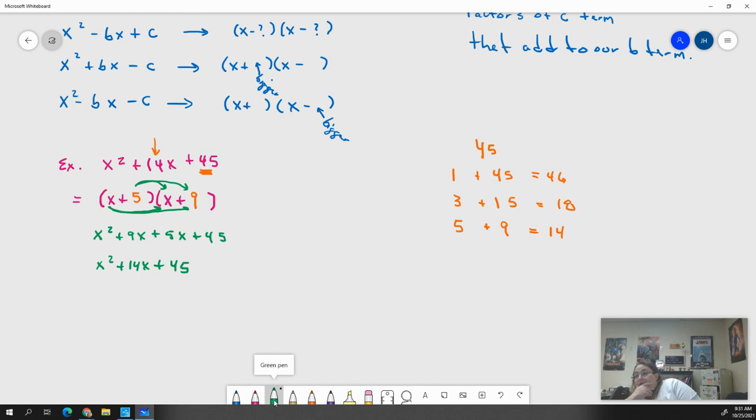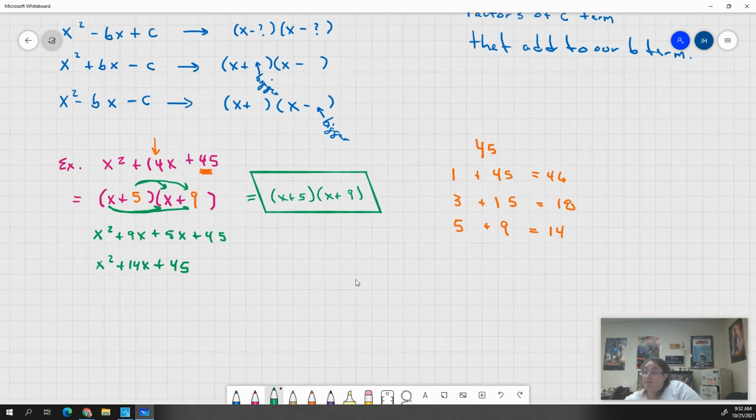So when we multiply them back, we should come up with the same solution. In this case, though, our solution is this x plus 5 times x plus 9. These are our factors. Factors in quadratics are really important because if we set them equal to 0, we can find our solutions, which we will go over next week. For this week, we're just talking about factoring in general.